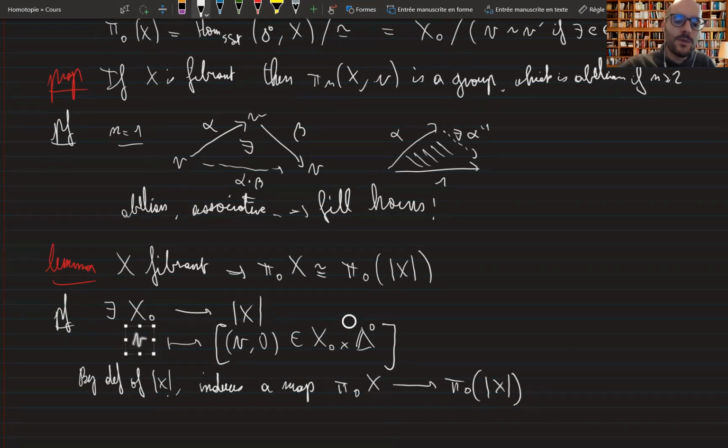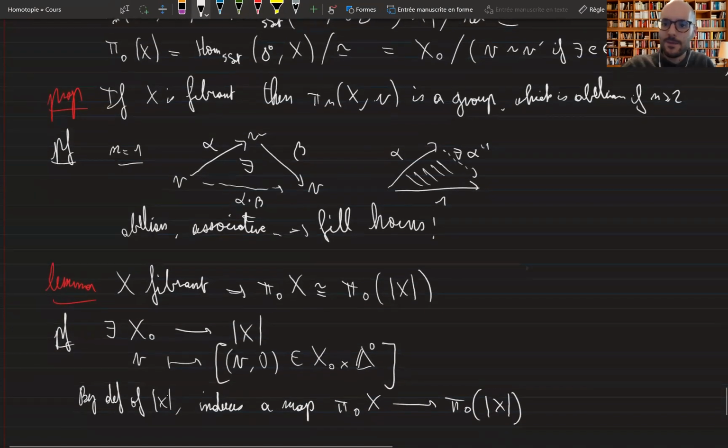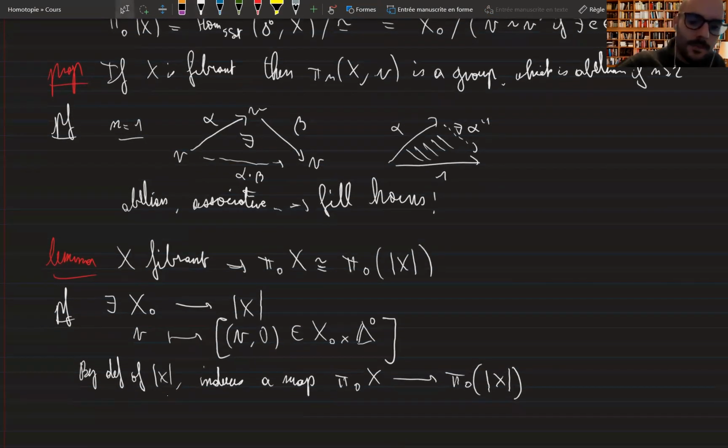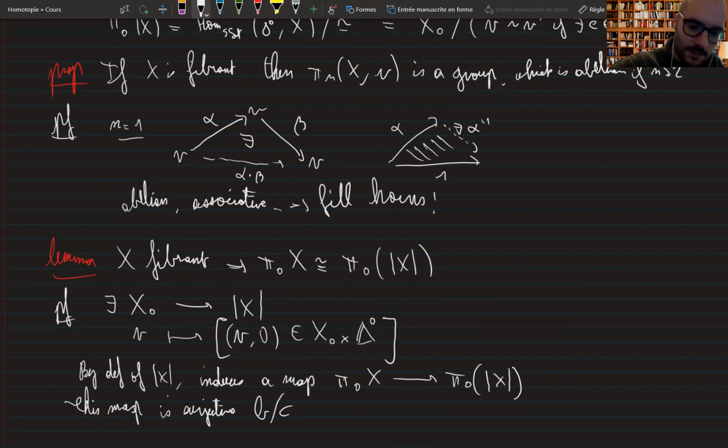Because if you have two vertices in X that are connected by an edge, then in the geometric realization they will be connected by an actual path, by something in Δ^1. And so therefore, they will be in the same path component of the geometric realization. This map is surjective because Δ^n is path connected.